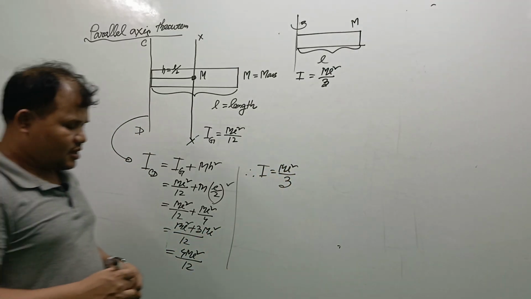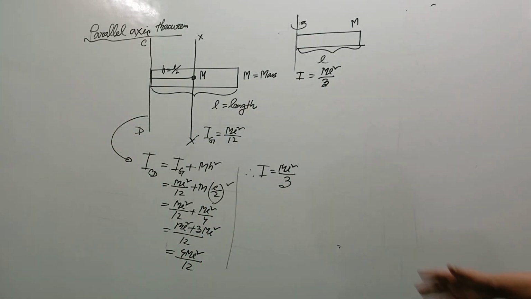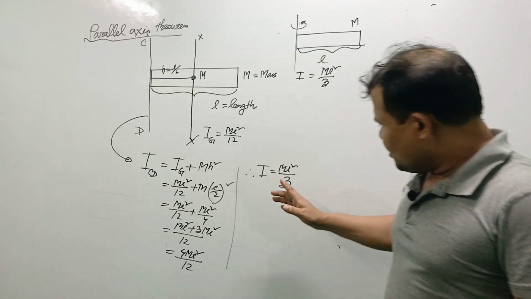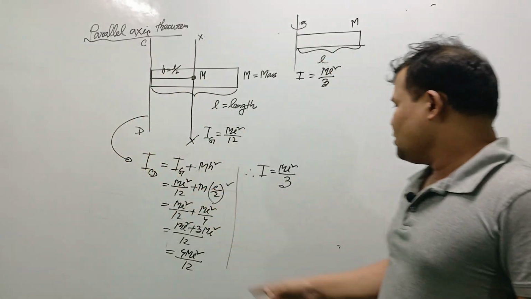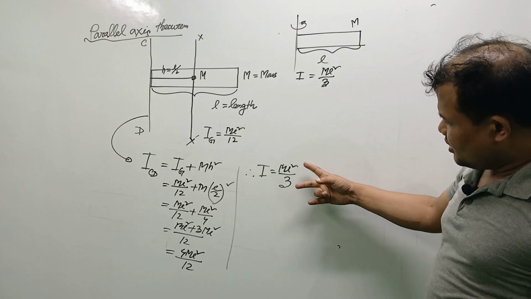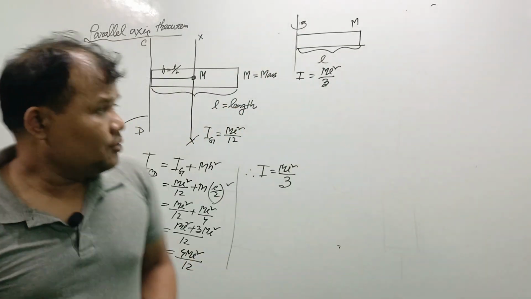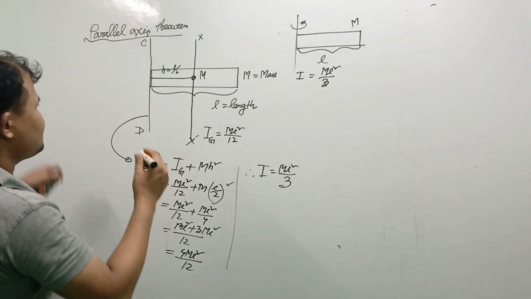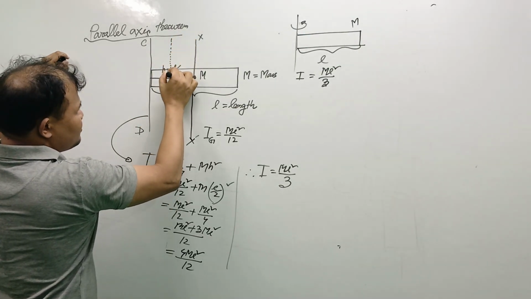My dear student, just think about what actually happened here. The same thing happened, and as CD is passing through the side, the moment of inertia will be mL² divided by 3.